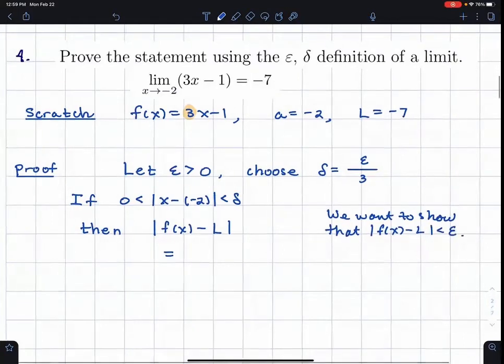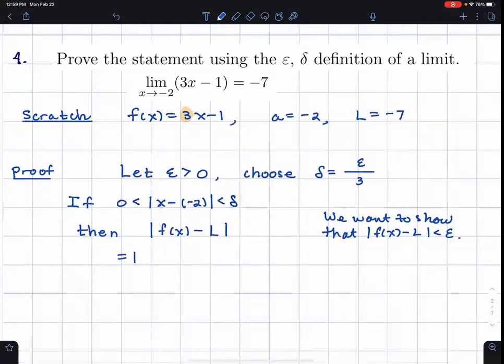So then what I do is I replace f of x by 3x minus 1. I replace L by -7. Take my time, don't rush.